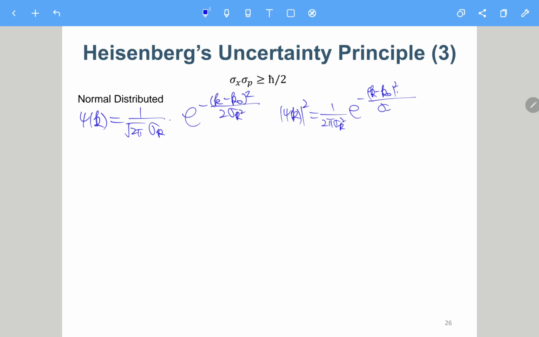It looks like this, because if you take the square, it just multiplies 2 to the exponent. So when you take the absolute value and the square of it, it's just like this.